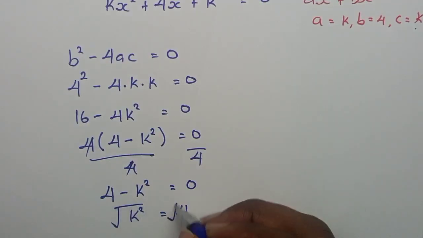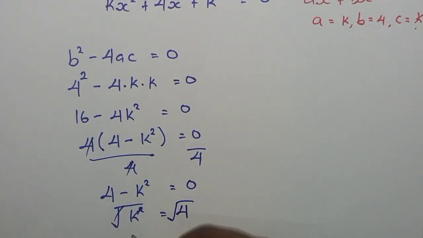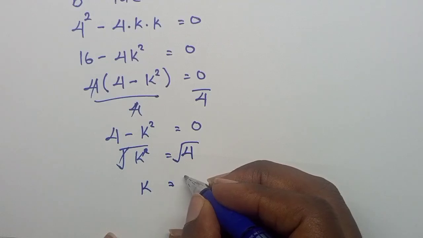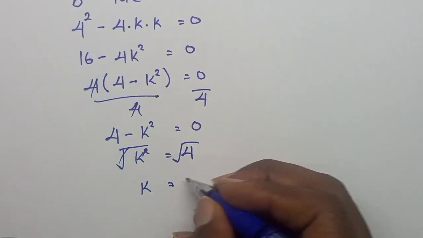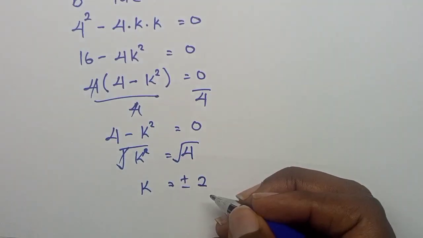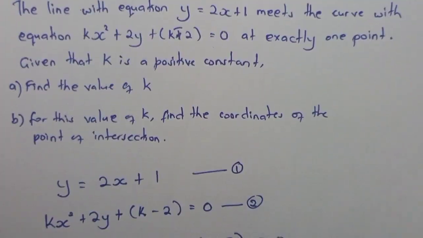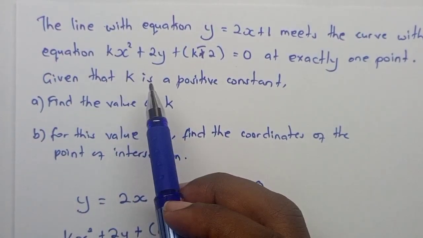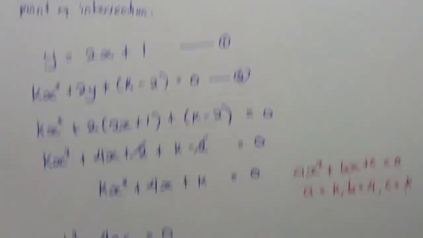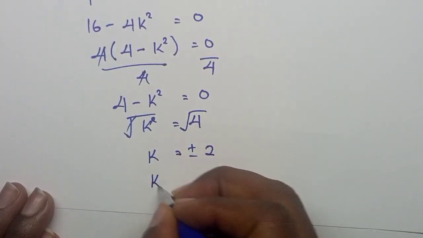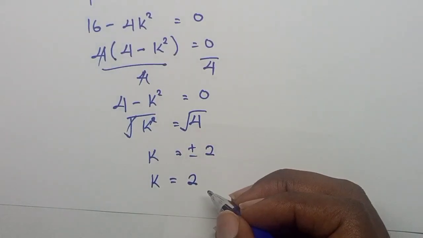Find the root on both sides, and k is equal to plus or minus 2. Now remember, in our question, we were told that k is a positive constant. Therefore, we consider the positive only. So k is equal to 2.